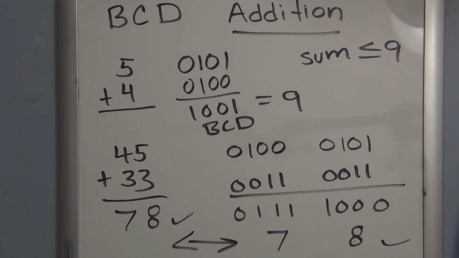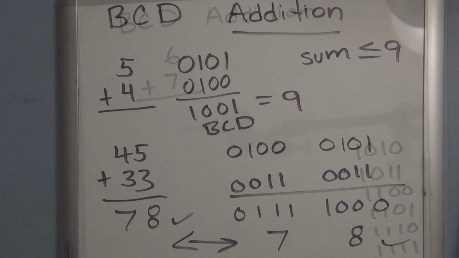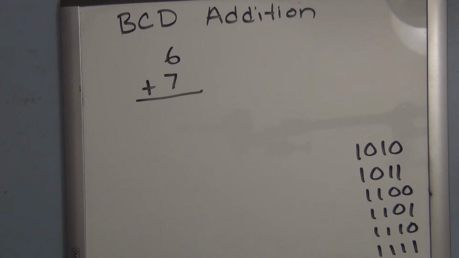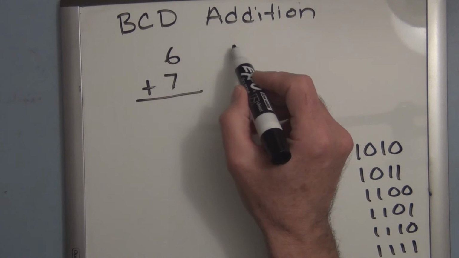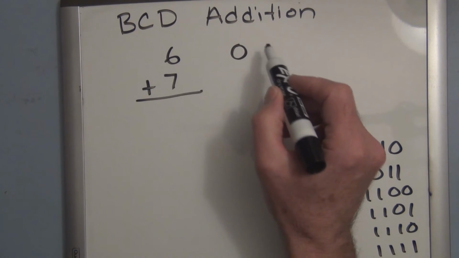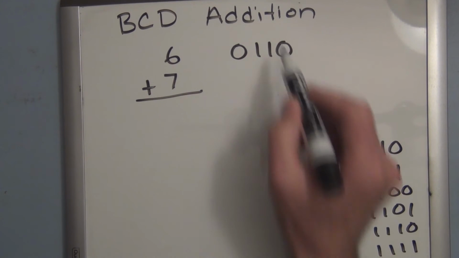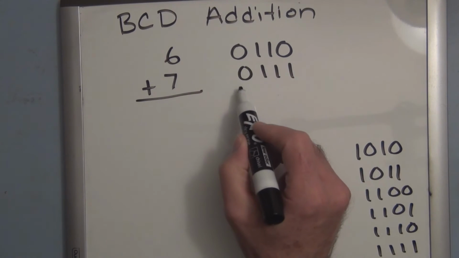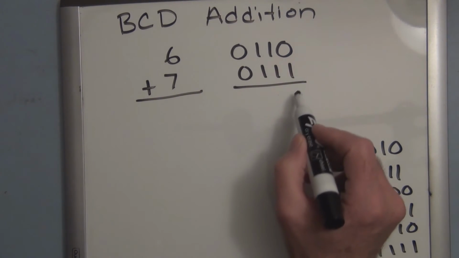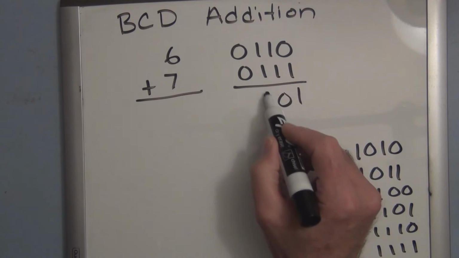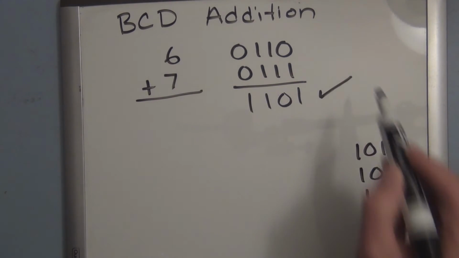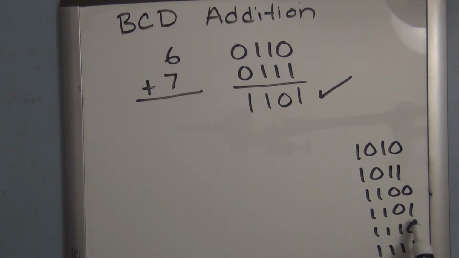The problem occurs when the sum is greater than 9. If we add 6 and 7, we will end up with a result greater than 9. We have 0110, and we have 7, which is 0111. Adding these gives 1101, and you can see that is one of the forbidden code groups.